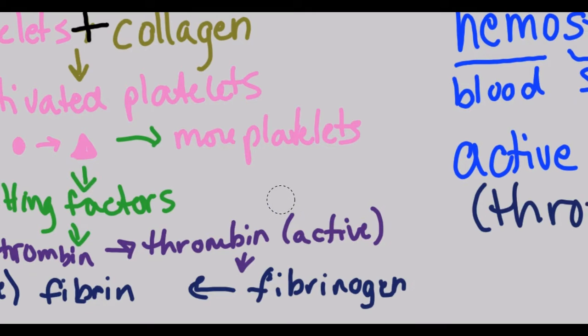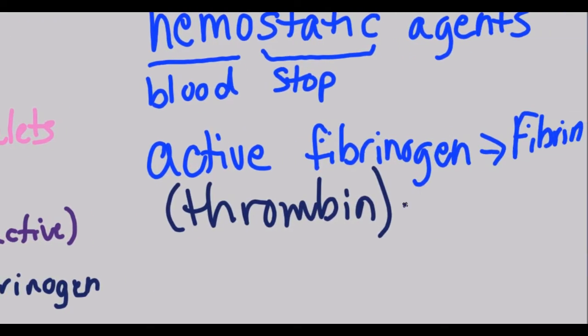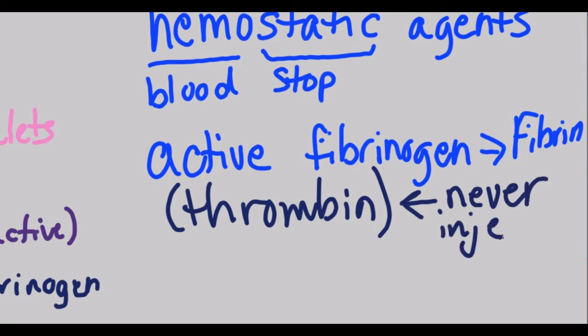So this is one of the reasons that thrombin can never be injected into your blood system directly, because you don't want a blood clot floating around in there. So thrombin is the natural chemical in the body that converts fibrinogen to fibrin. So that is going to be an example of an active hemostatic agent.